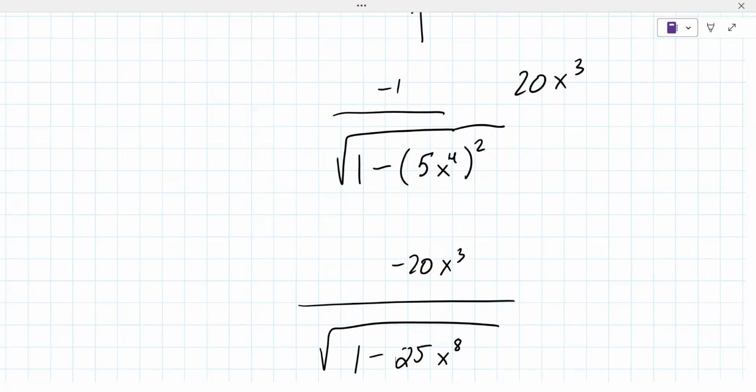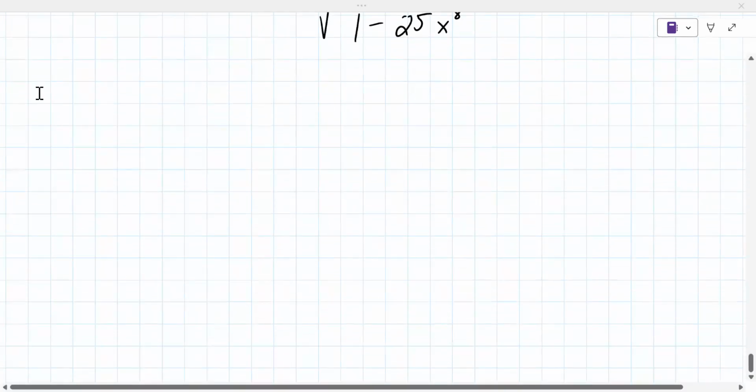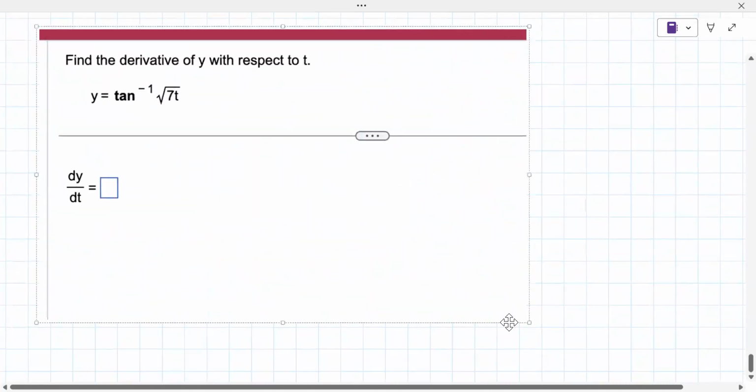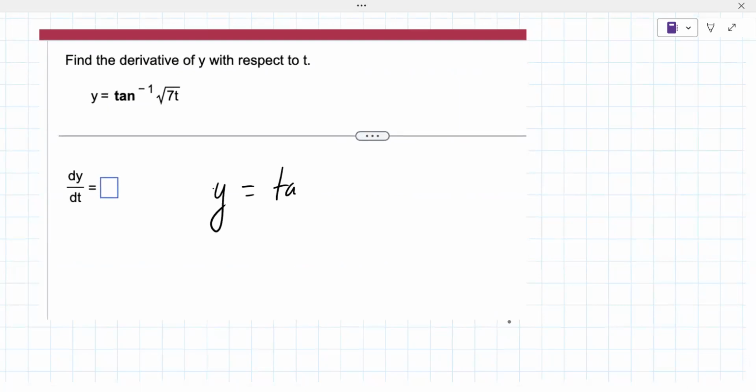All right, so we got another one here. The same kind of spectrum. So y is equal to the arctan or tan inverse of u, and then u is the square root of 7t.